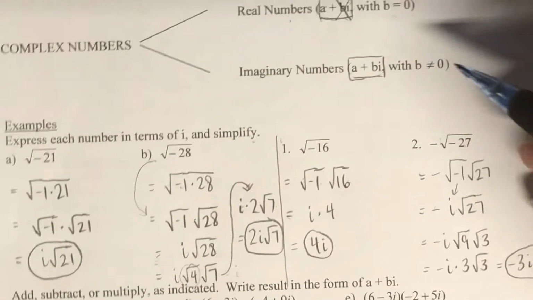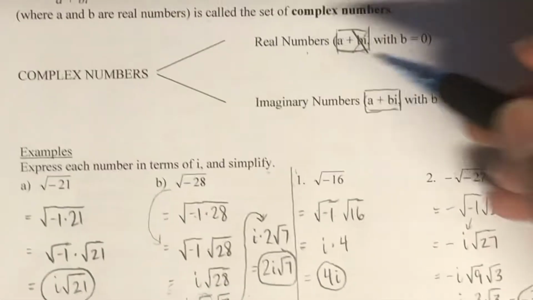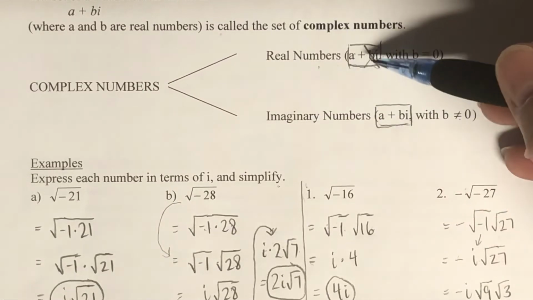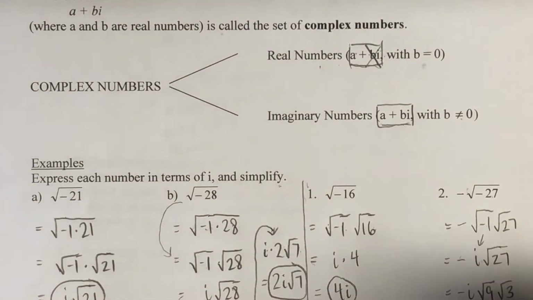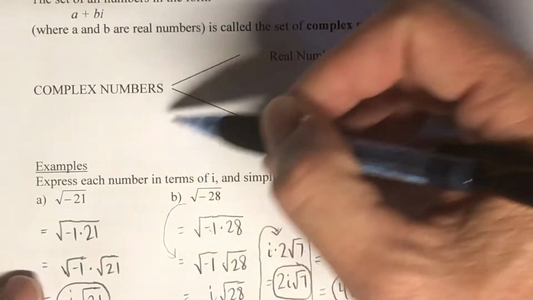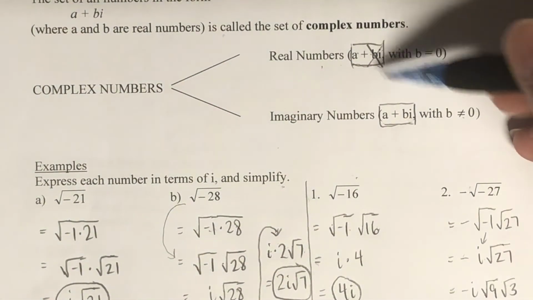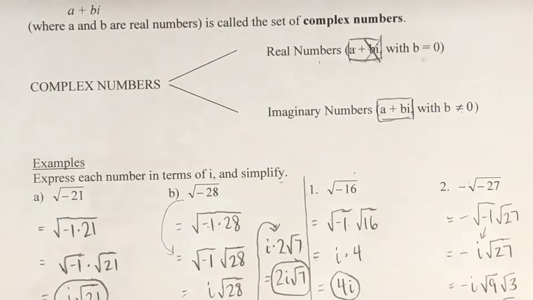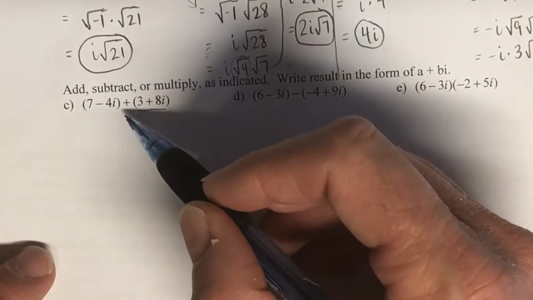And so that would go into this category where b is not 0. So the real numbers and imaginary numbers together can both be written in the a plus bi format, and that's why we have that format. It allows all complex numbers to be put into one group with one single format, a plus bi. So that's my little explanation about why we have these numbers that look like that.